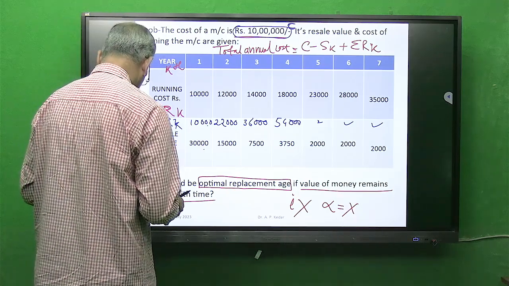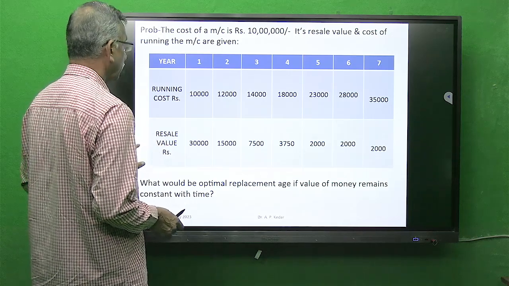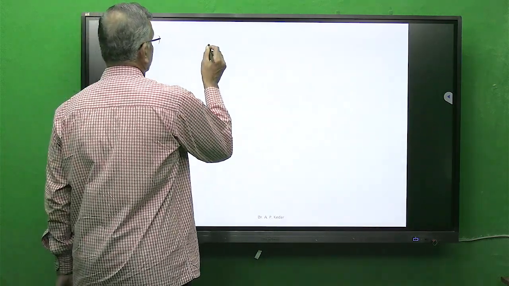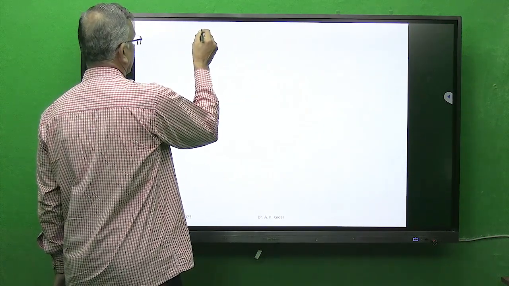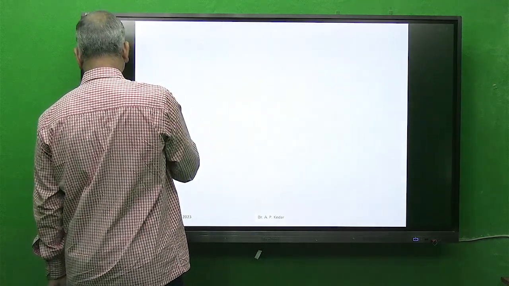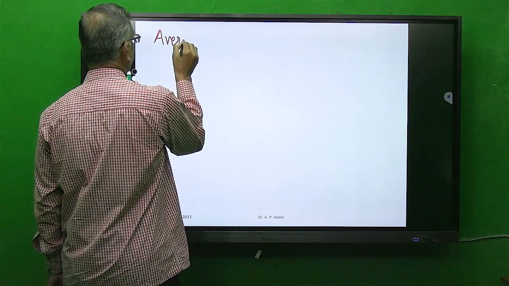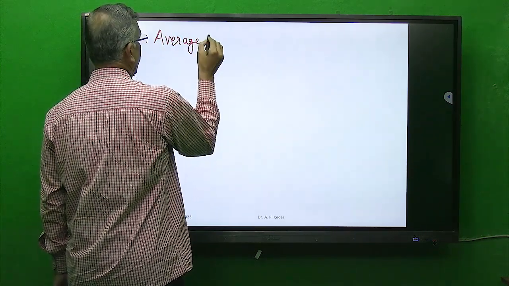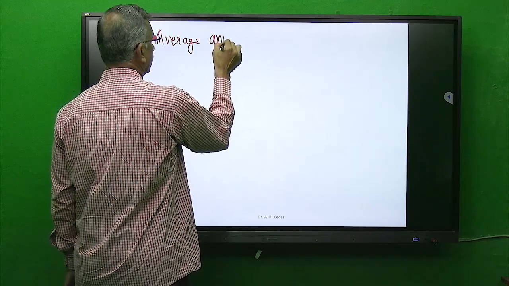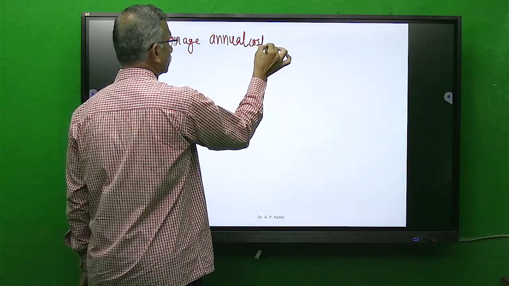Now see how to proceed. With this data, with this analysis, what will we do? My target is finding average annual cost.